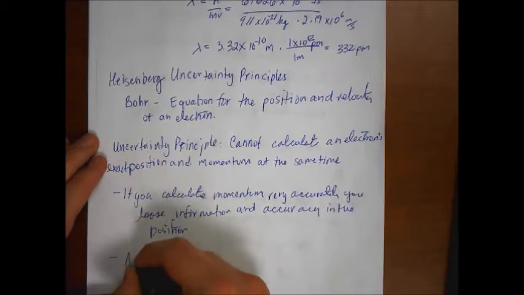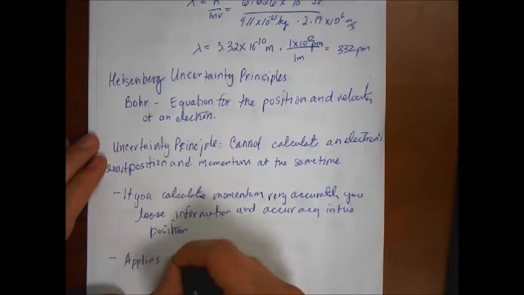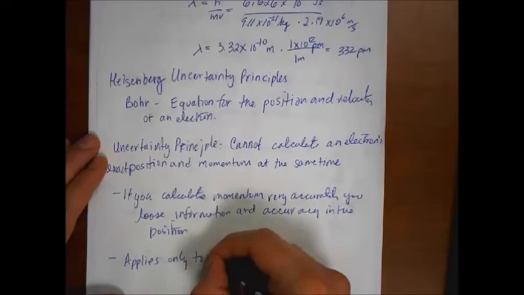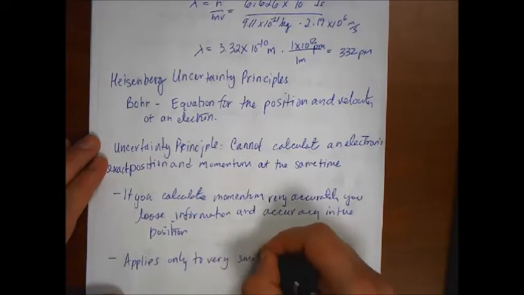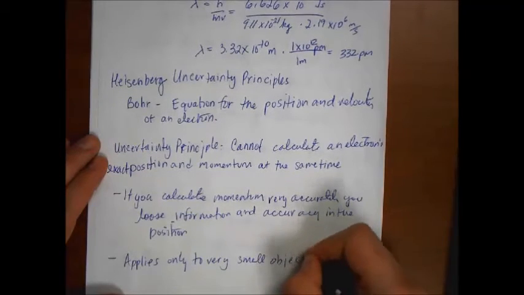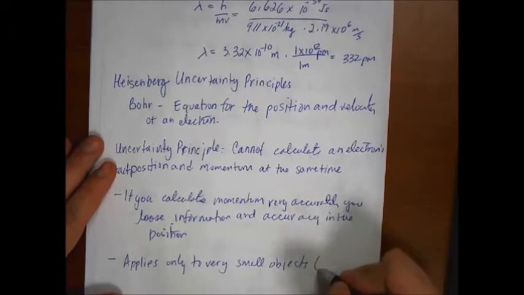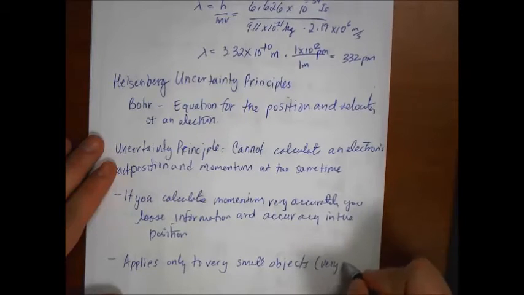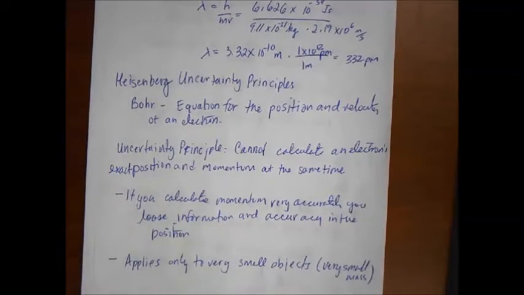Now, one thing that I want to stress is that this applies only to very small objects. And by small, I mean objects with very small mass. So we're not talking about a baseball. This obviously does not apply to something like a baseball, which has a relatively large mass.